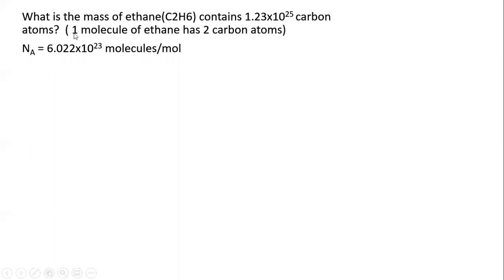And here in parentheses it says 1 molecule of ethane has 2 carbon atoms. This is just a slightly different twist to what we've been doing, and it gives us Avogadro's number as well.